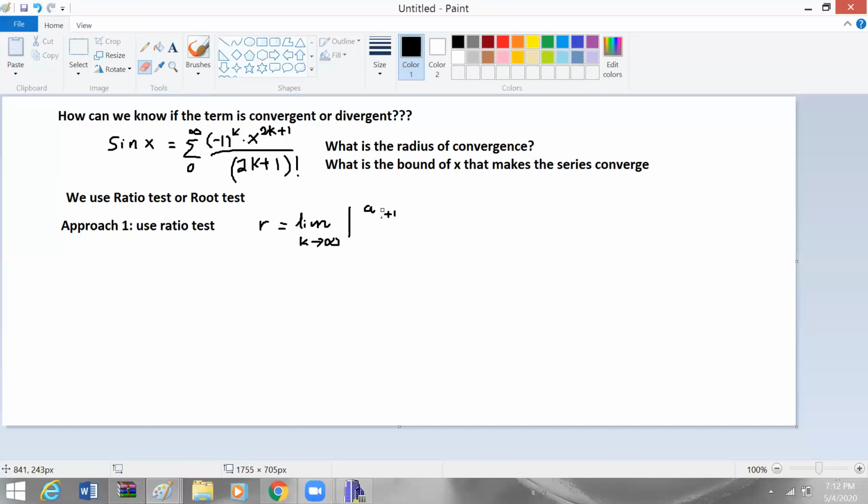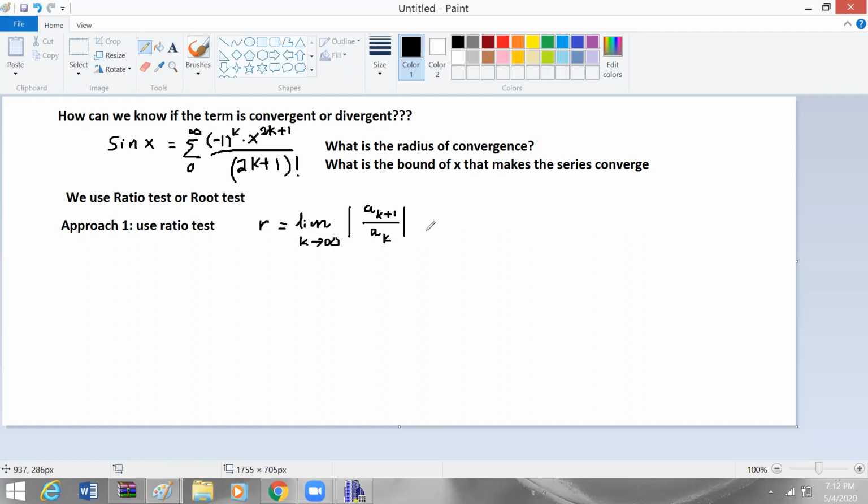Sorry, usually they use n plus 1 for n going to infinity, the same thing, over a to the k. And then we need to make sure that R is less than 1. So this is what we need to deal with.